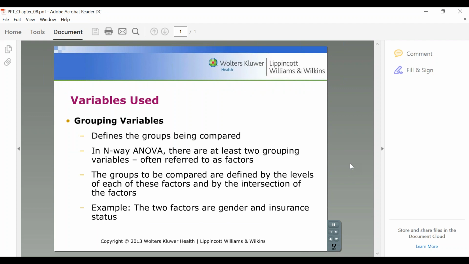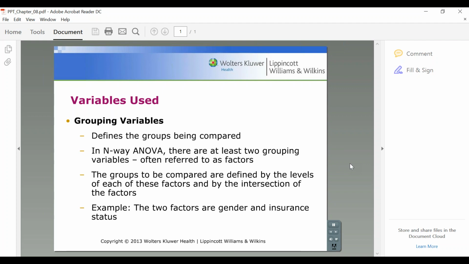So let's get away from our visuals and just look at our words. Remember our grouping variables. The grouping variables just define the groups that are being compared. So in the two-way ANOVA, there are at least 2 grouping variables. And like I mentioned, at least 2, in this case those would be your 2 independent variables, okay?